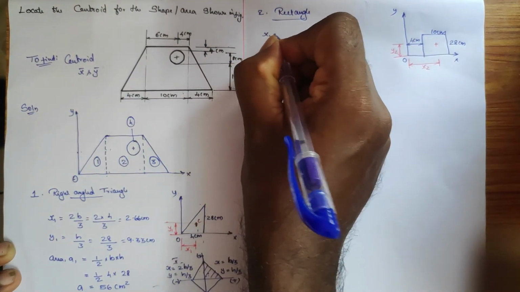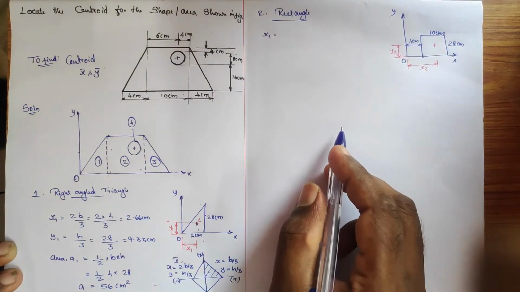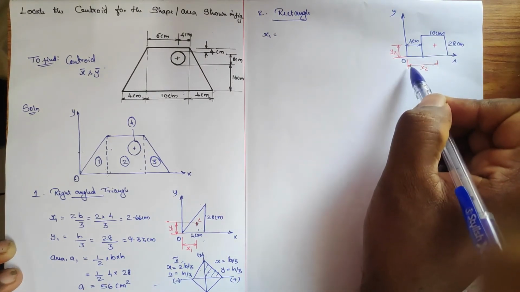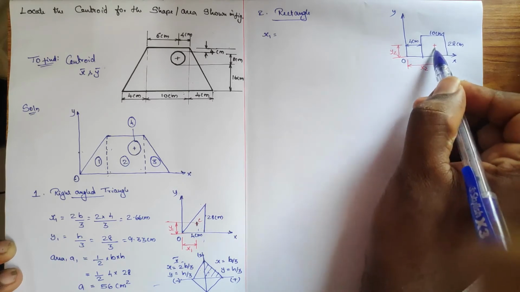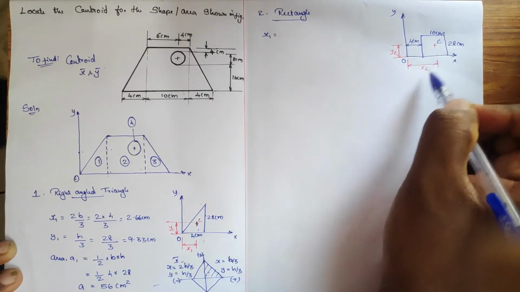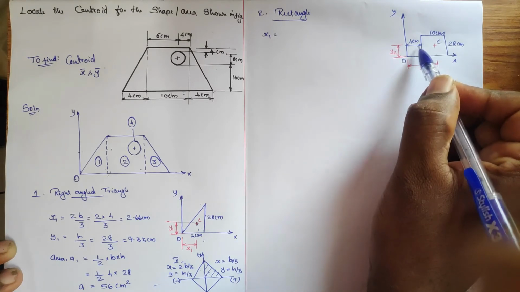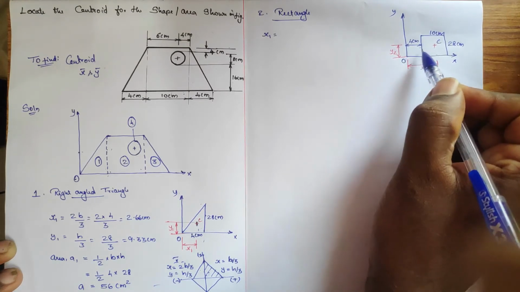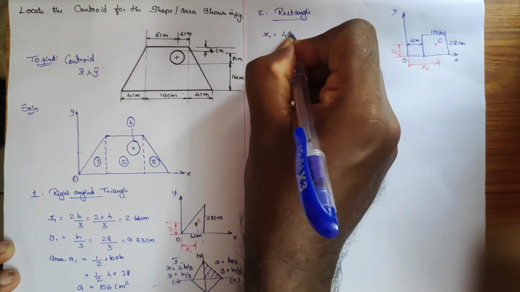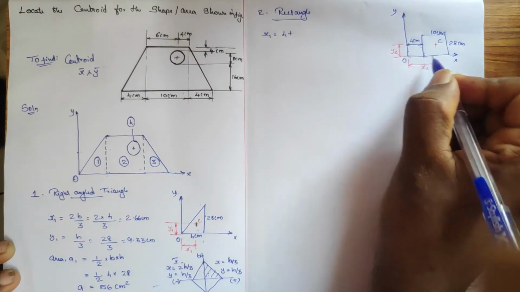So x2 is equal to, we are going to identify from O to this particular point C in the x direction. Up to the component, what is the distance? Which is 4. So add 4 plus, now that is over.